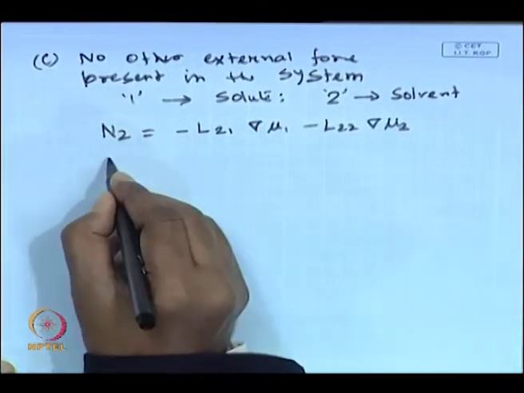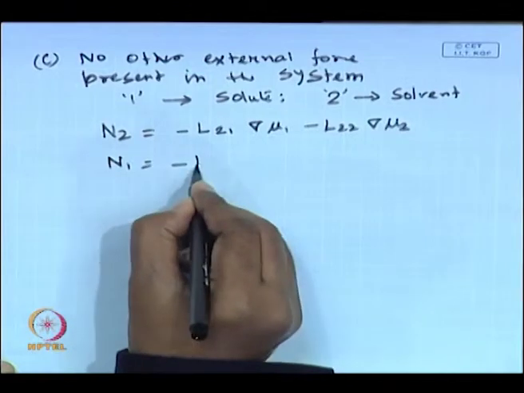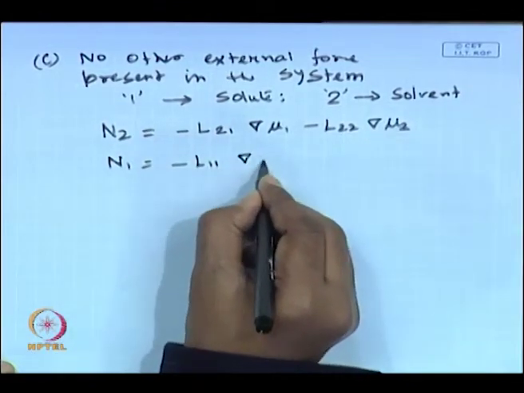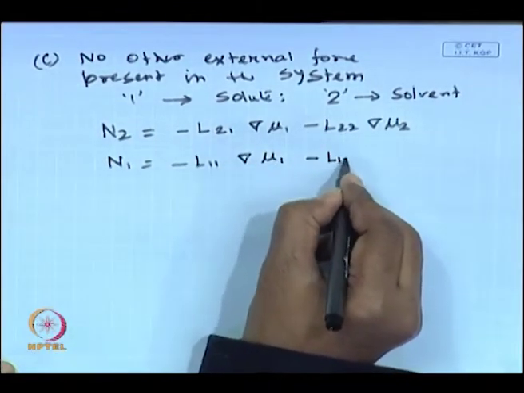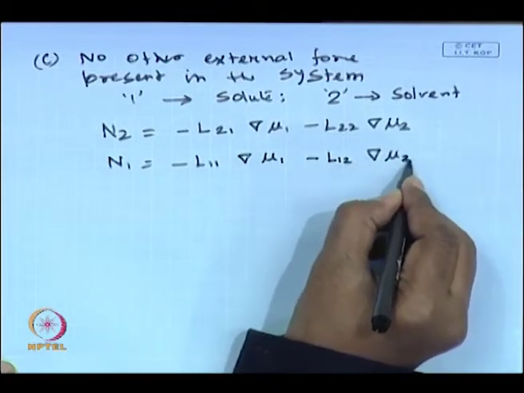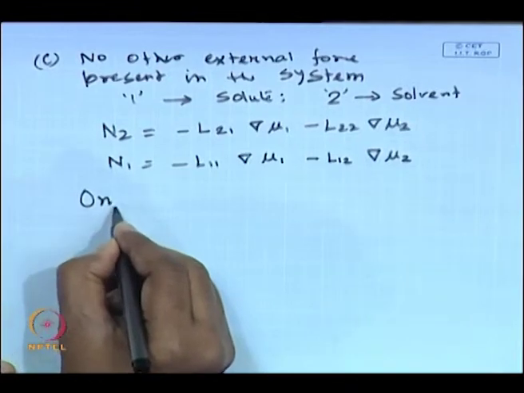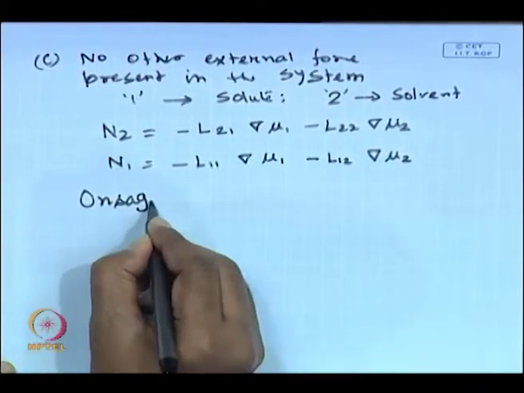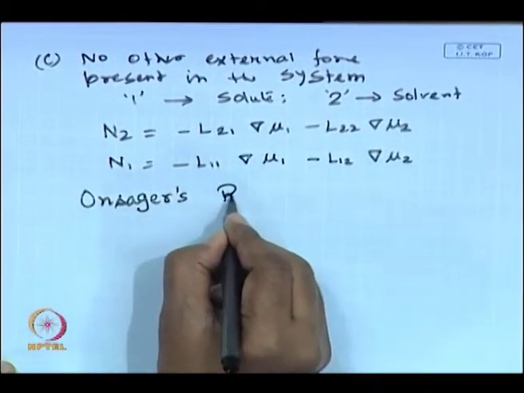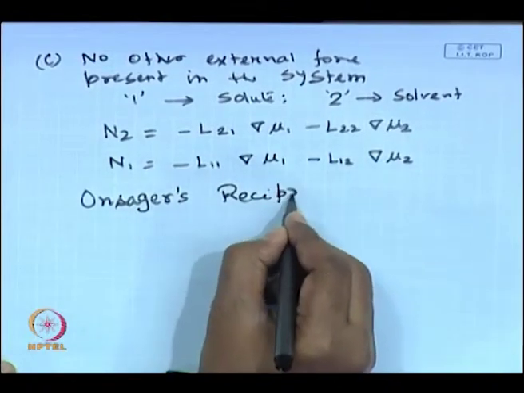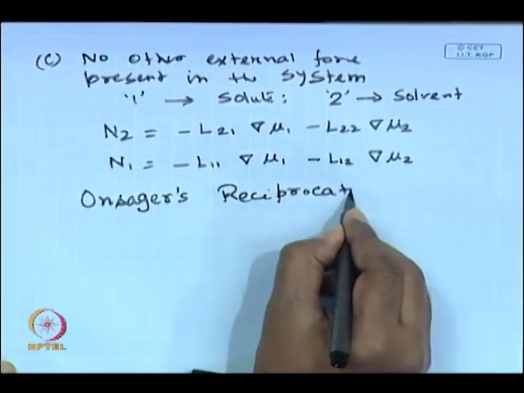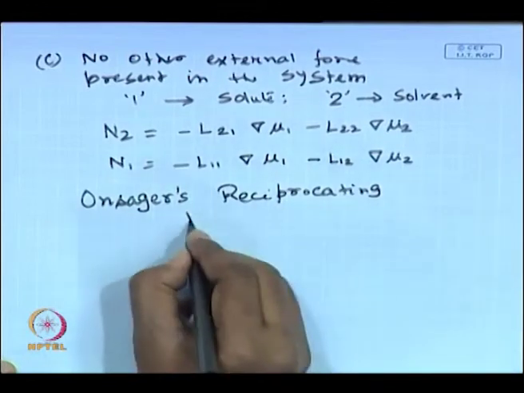So, therefore, N1 can be written as minus L11 gradient of mu 1 minus L12 gradient of mu 2. Okay. Now, there is something called Onsager's reciprocal relationship.